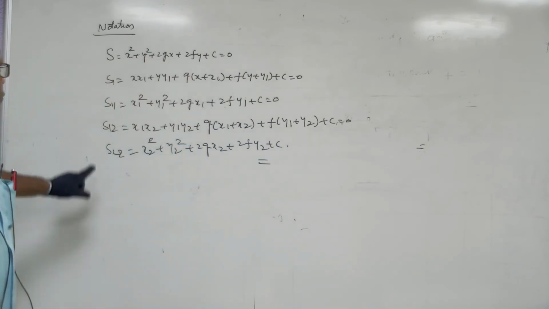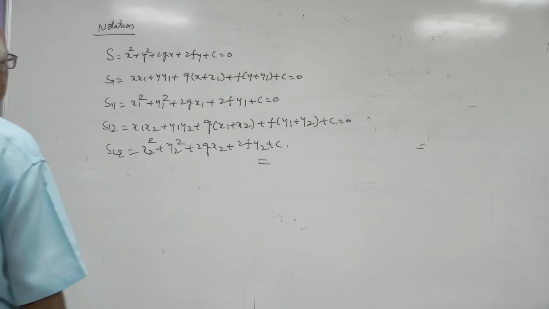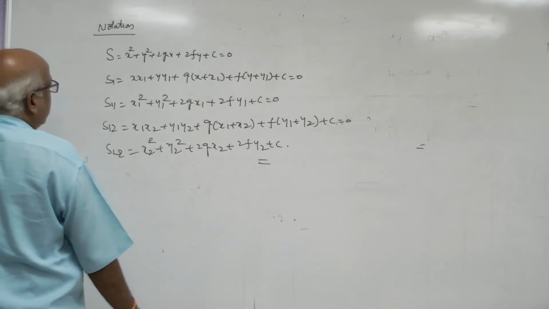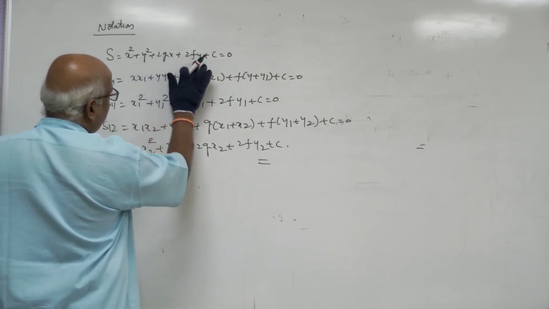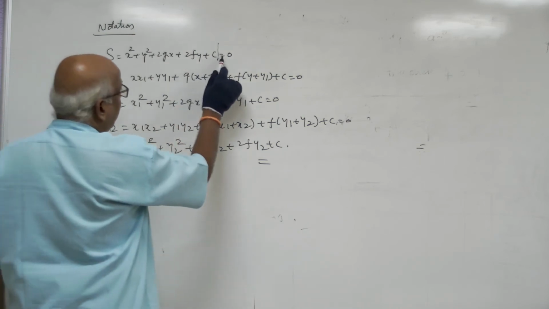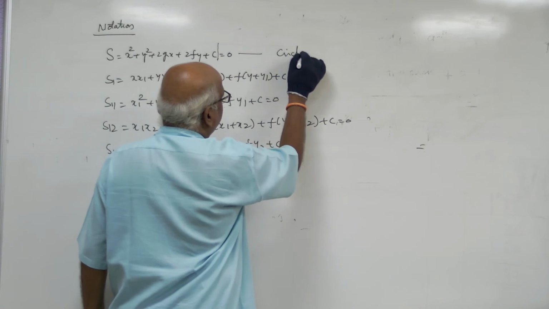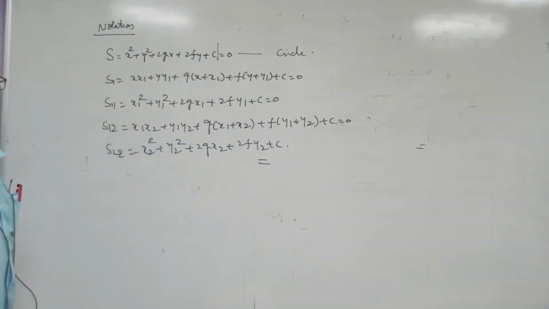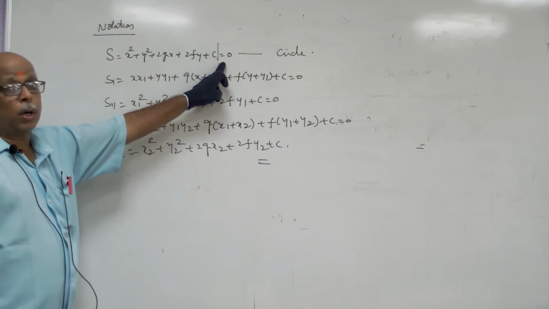These 5 equations, we will name them as notation. Of course, x square plus y square plus 2gx plus 2fy plus c, if supported by equal to 0, represents a circle. You have to remember that point. Always you need not put equal to 0.